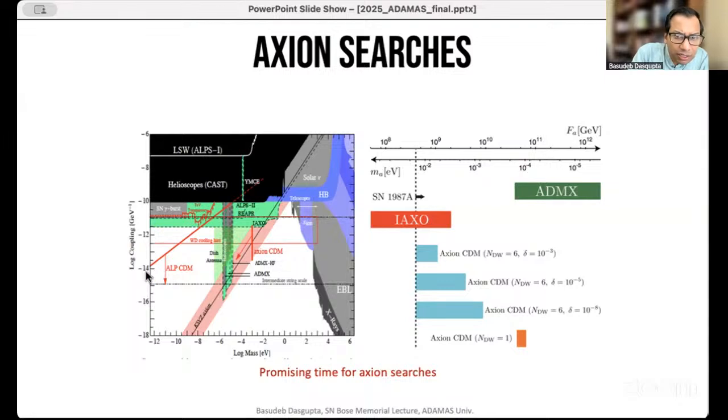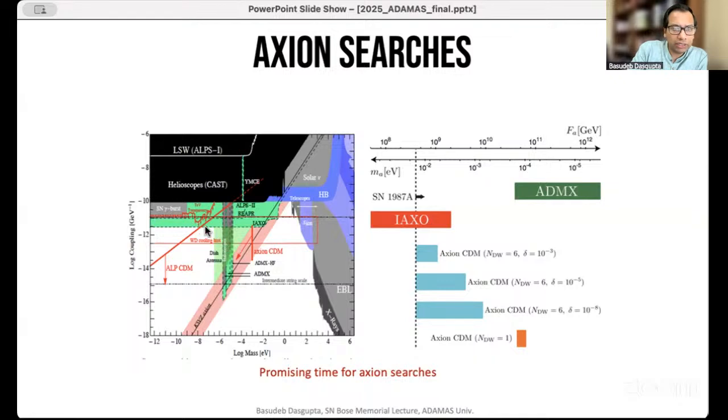I don't see where it is shown. Does this plot have it? Let's see. I don't see it here. I think this plot does not show the QCD axion, but I imagine it's this red line. This red shaded diagonal band corresponds to the QCD axion for a particular choice, the KSVZ.